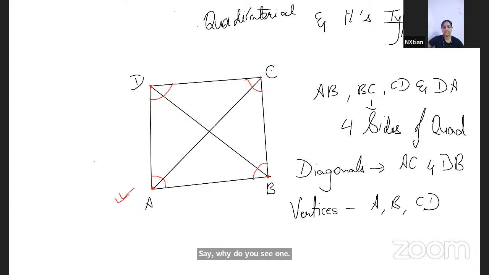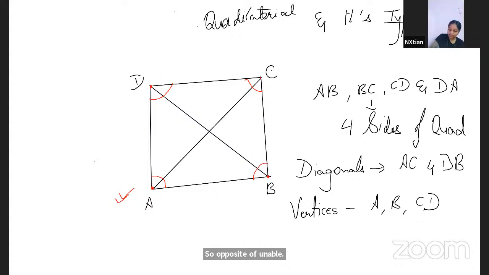Angle C. Yes, angle C. That will be on the opposite vertex of the A vertex. C vertex is the opposite vertex of A. So, opposite of angle A will be angle C. Opposite of angle D will be angle B.